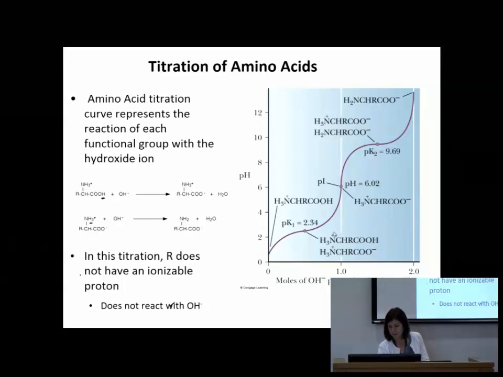We start dripping in hydroxide, going up and up, drip, drip, drip. Each drip is neutralizing a little bit of this. So as we go up here, we're starting to neutralize these, and we have fewer and fewer proton-on forms for this one.